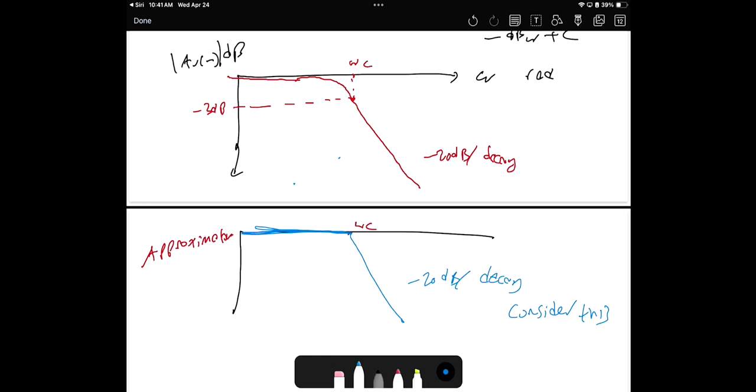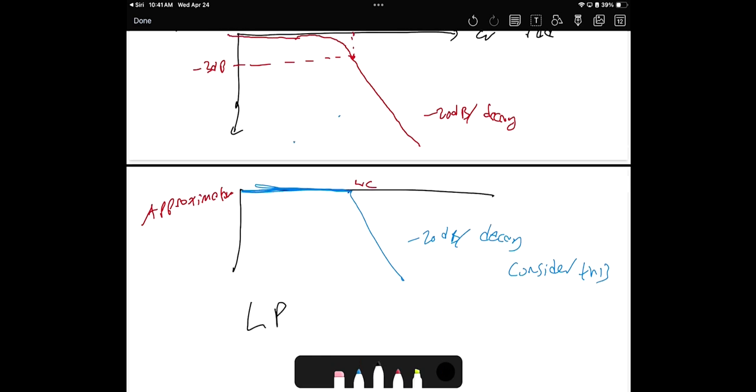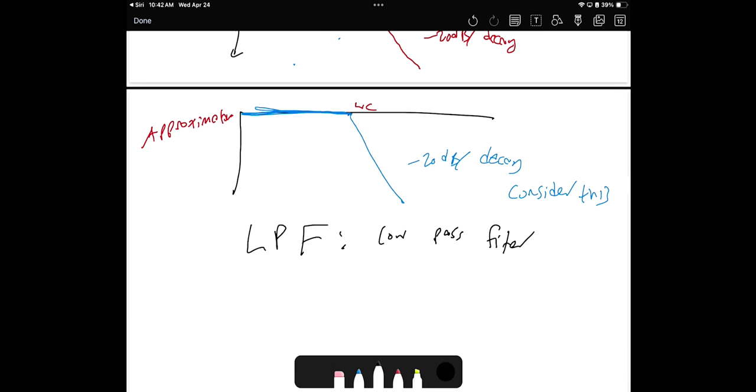This is equivalent to a low pass filter, such that the frequencies lower than omega c will pass, and frequencies after omega c will not pass.